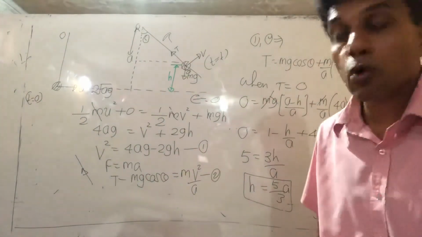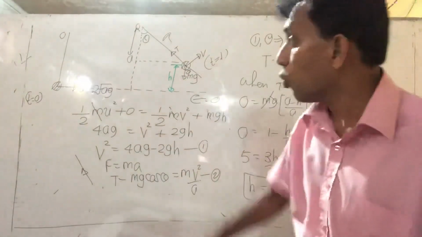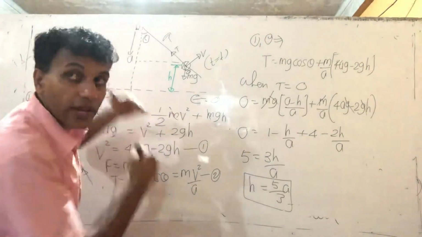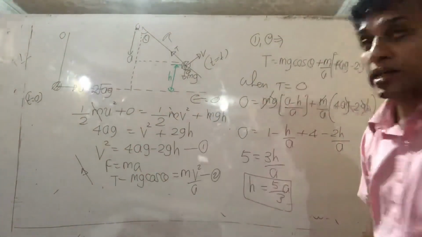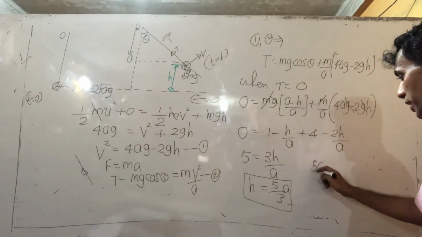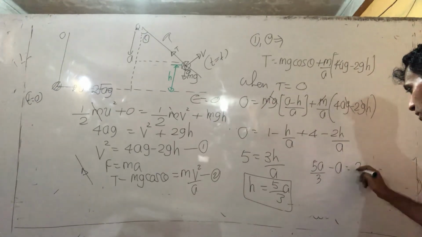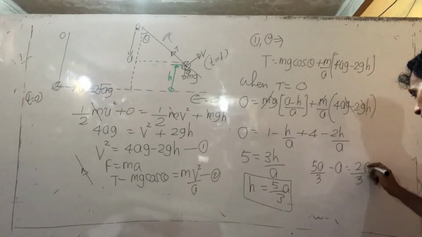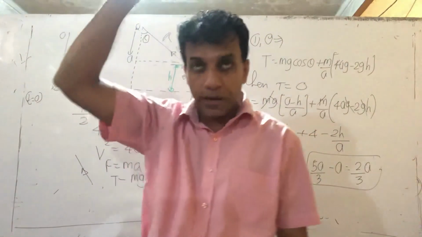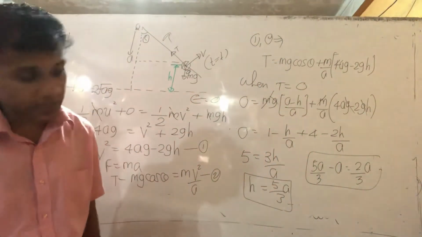We measure from the ground level, so from O means up from this point. Therefore, the height from O equals 5a over 3 minus a, that is 2/3 a, okay? 2/3 a from the vertical upper point, that's the answer.